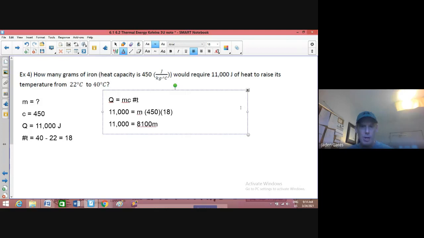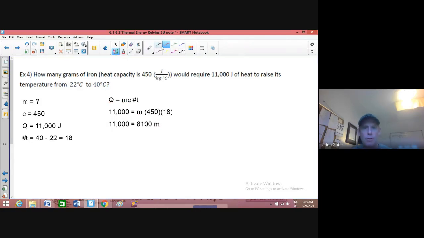When you're multiplying, you can do it in any order. Typically when you have 8,100 times a symbol, you write the number first, and then divide by the numerical coefficient so I get my mass by itself. So I'm going to divide by 8,100, and it's going to be 1 point something.